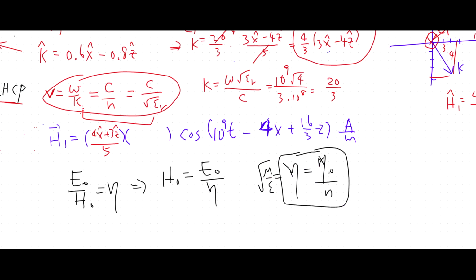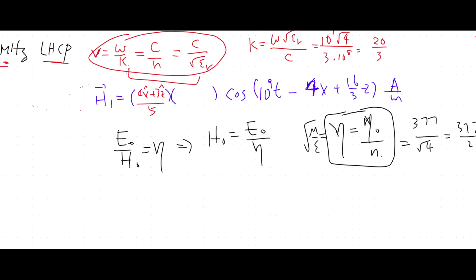So what does that mean? What is eta naught? 377 ohms. What is n? Square root of the dielectric constant. So this is 377 over 2, right? So put it in here. So what is H naught? H naught is E naught.